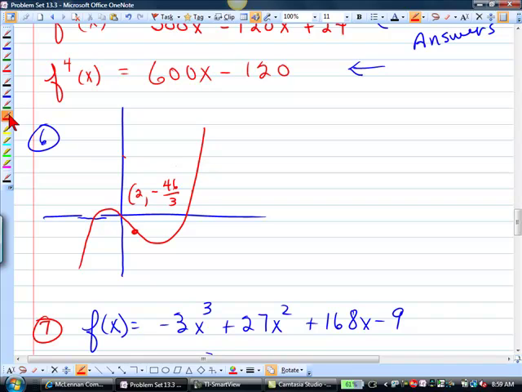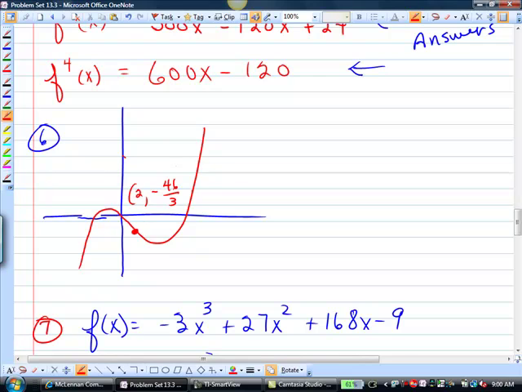So if you think about it, it gave you this point. With inflection points and where it changes concavity, sometimes that's kind of vague. But in this one, when they give you a point, do you see that it's concave down to there, and then it's concave up? There's a lot of points right along there that you could say is a point of inflection, but they gave you the point.